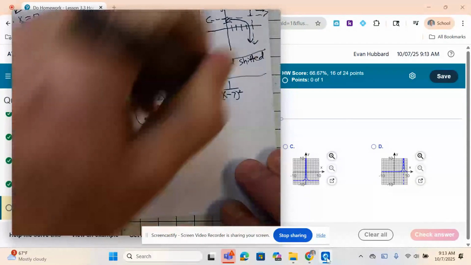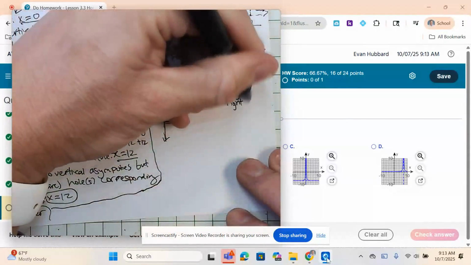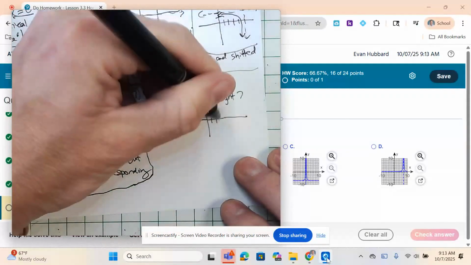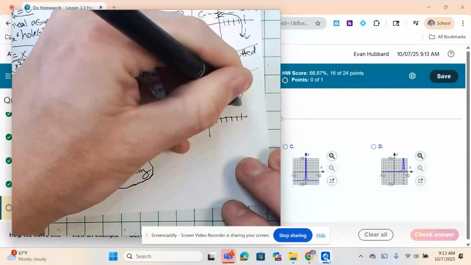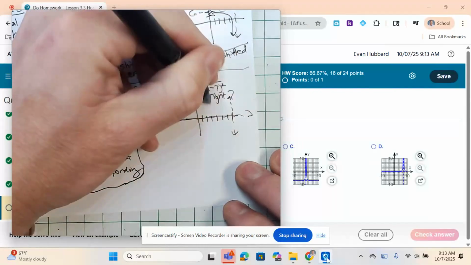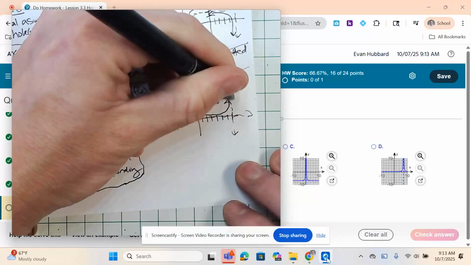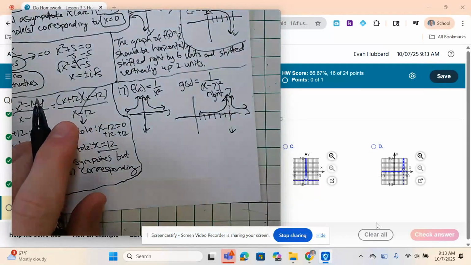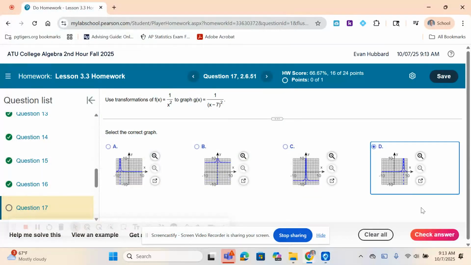Okay, and so minus 7 means right 7 because you're doing minus 7 from the x. So I'm going to shift this right 7: 2, 3, 4, 5, 6, 7. Got them. So like that. And so like this, and then that. So it goes right 7 units. It's probably not too bad.